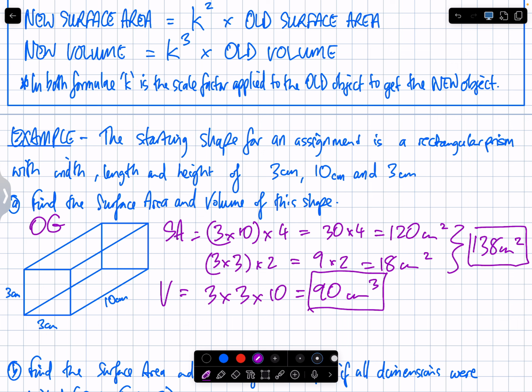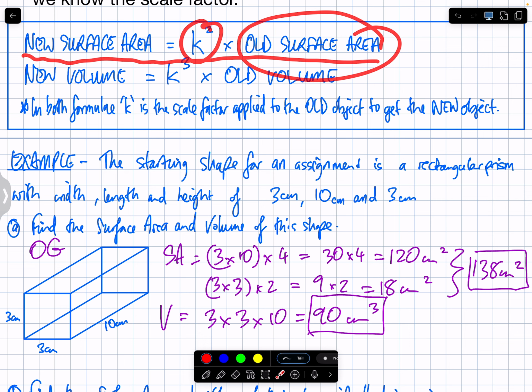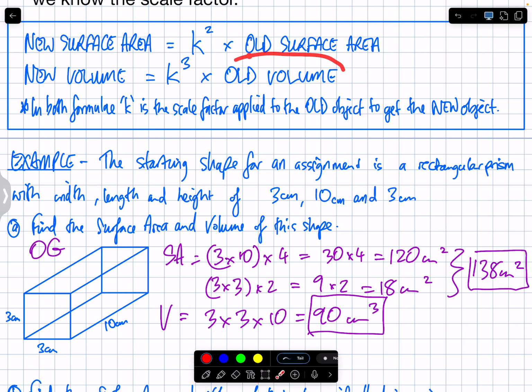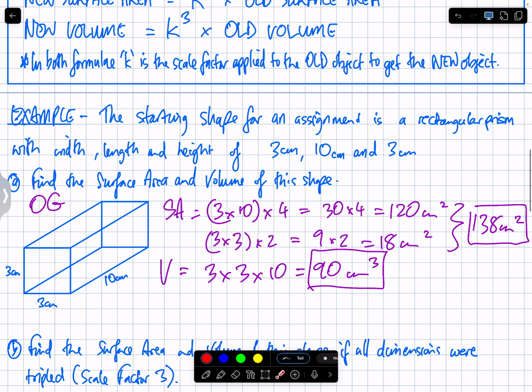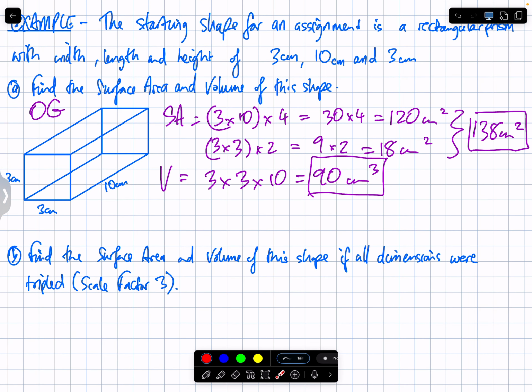The reason why the OG is important is that your shortcut is the OG surface area times by whatever your scale factor is squared, or the OG volume times by whatever the scale factor is cubed. So find the surface area and volume of this shape if all the dimensions were tripled, scale factor of 3. So the new surface area, k is going to be 3.